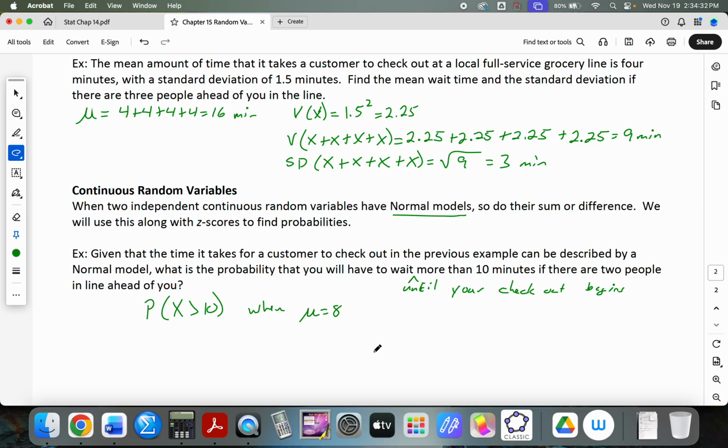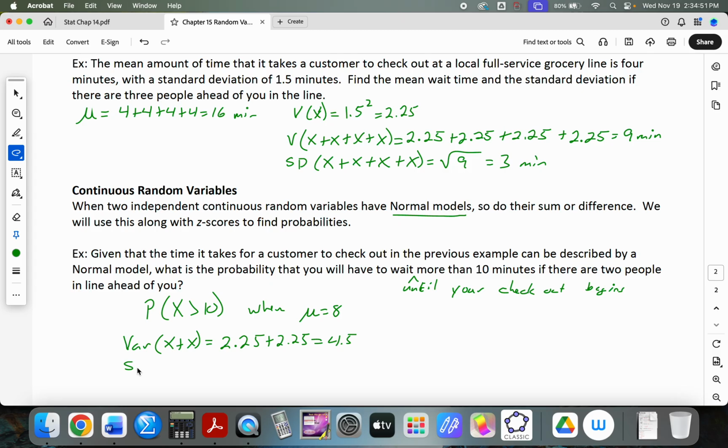So what is the standard deviation? Well, we know that the variance for x plus x is going to be 2.25 plus 2.25, which is 4.5.